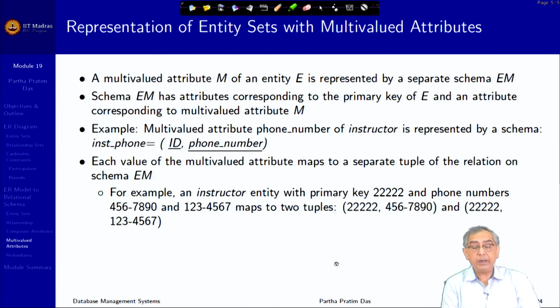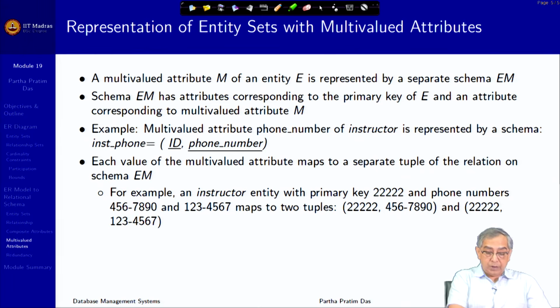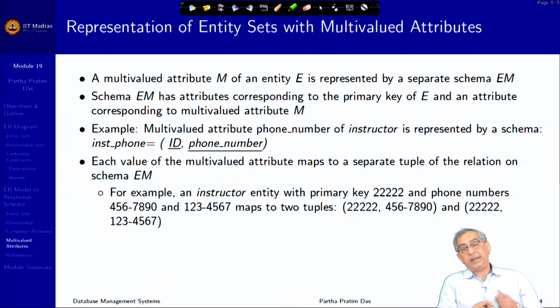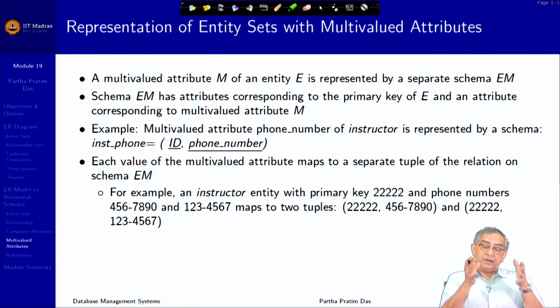Now, how do you handle multi-valued attributes? If you have to handle multiple values, naturally you cannot put them right there. So what you will have to do is create a separate entity set and have a relationship with the original entity set.